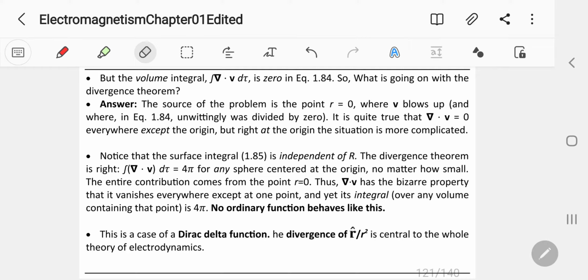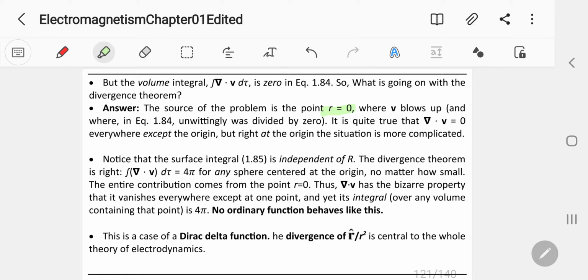What makes the divergence of v 0 is that you are dividing by r squared, and it blows up when r is equal to 0. So there must be some value at r equal to 0 for v, and its value is infinity at that point.